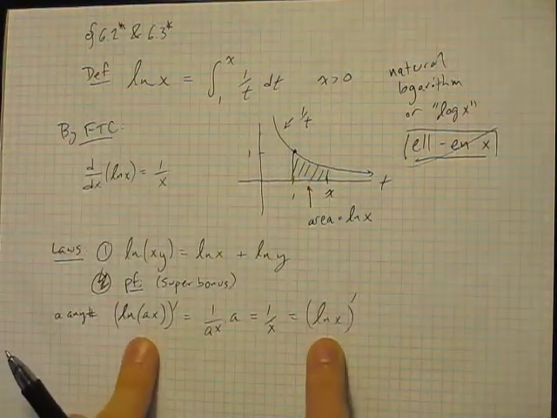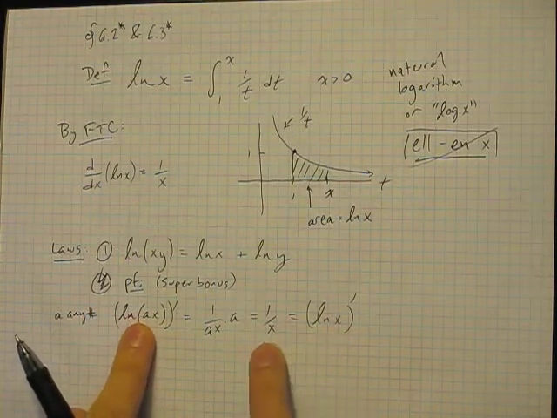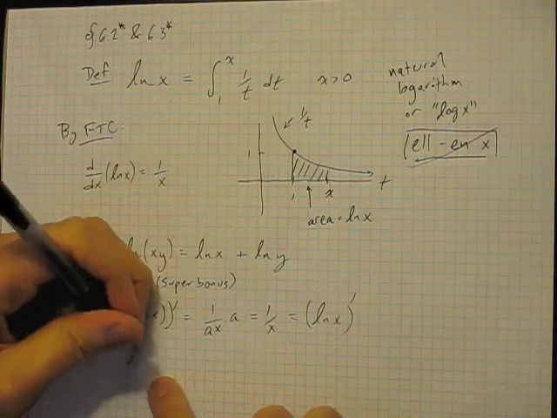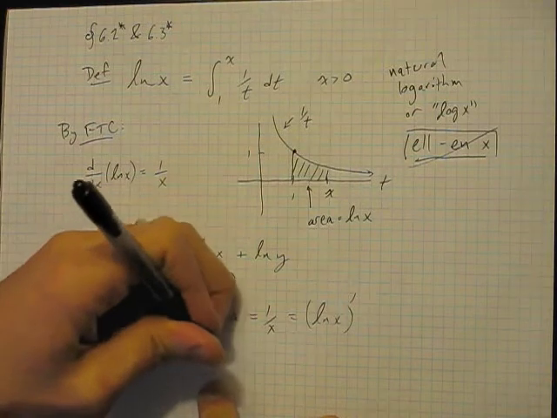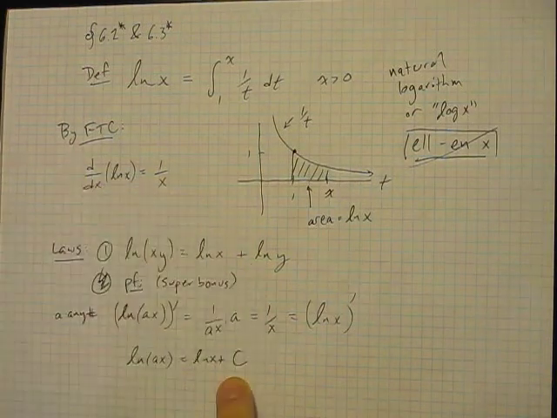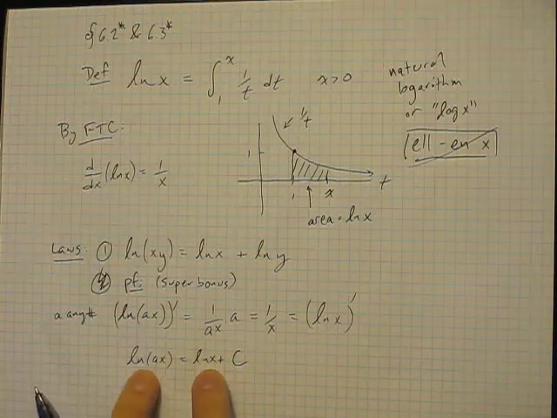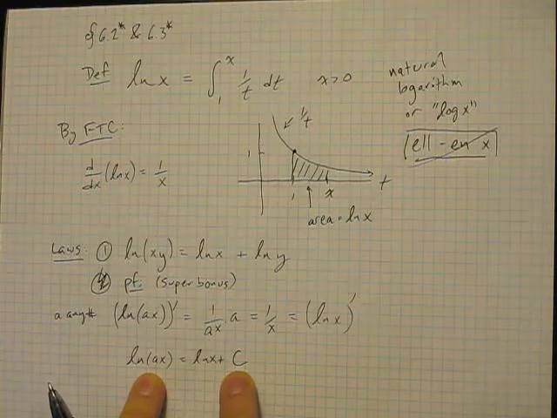So the derivative of log of x and the derivative of log of a times x are the same, and so that means the functions differ by a constant. So that means that log of a times x is equal to log of x plus some constant, okay? Anytime two functions have the same derivative, then they're basically the same function except one of them has a constant added to it. So what is the constant?